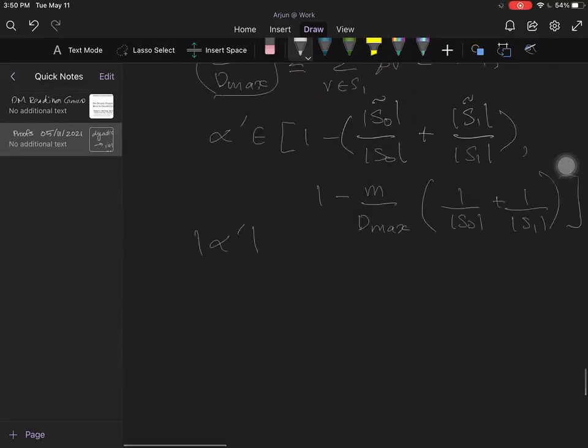So we're going to look at the absolute value of alpha prime, and we'll see that the upper bound on this absolute value of alpha prime is going to look like this. The max of 1 minus, this is the same fractions that we had defined before.